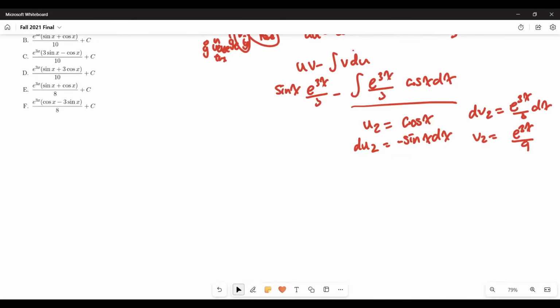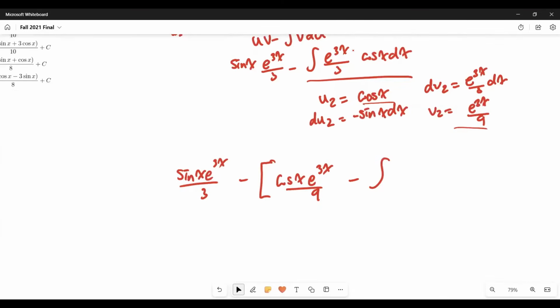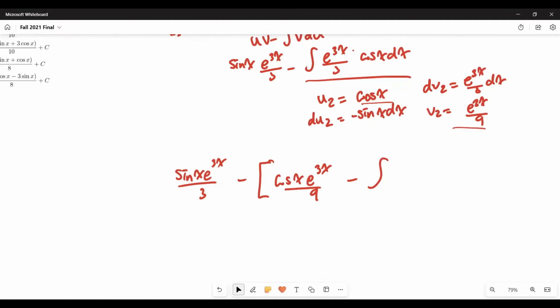So if you write this equation, it's going to be sine of x e to the 3x over 3 minus uv, so minus cosine of x e to the 3x over 9, minus the integral of v du, so e to the 3x over 9 times minus sine of x dx.